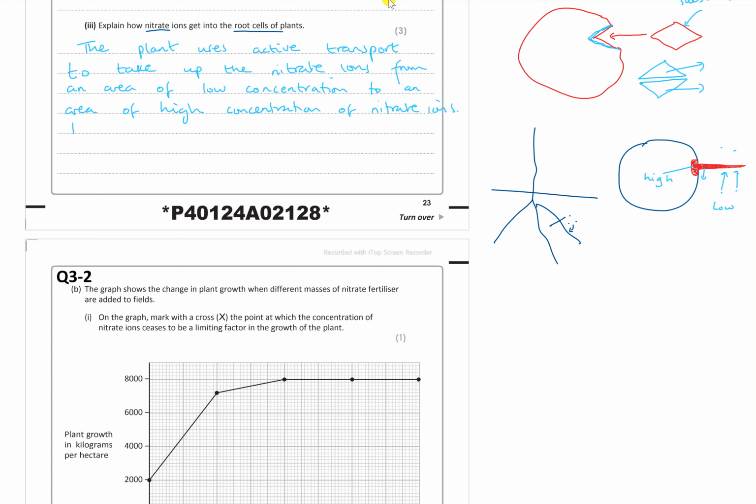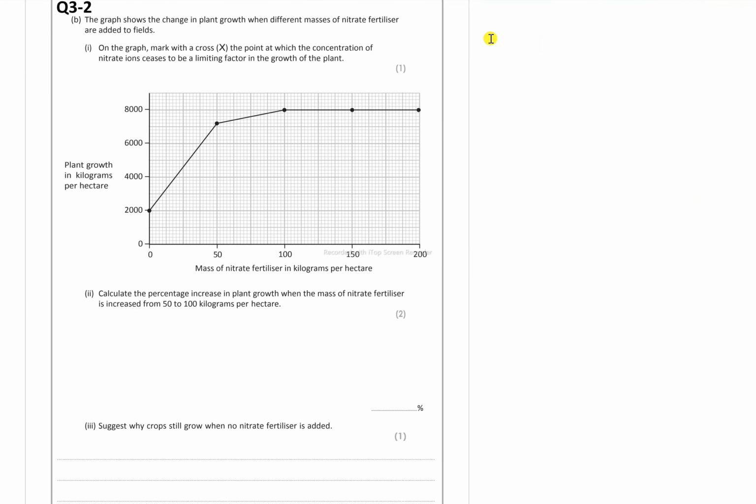Now what happens? This needs energy from respiration. Right, let's move on.